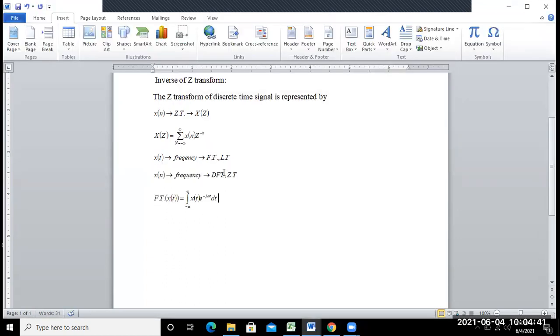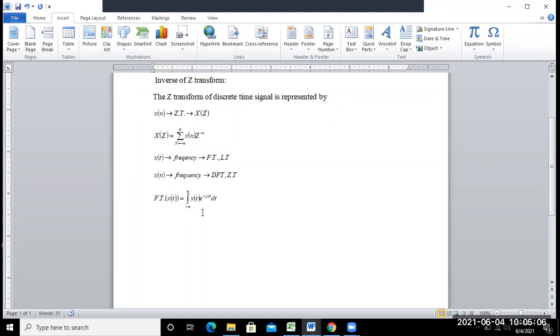How can we find the discrete Fourier transform of x[n]? That means a discrete signal is represented by x[n]. So if you want to find the Fourier transform of a discrete time signal, just replace t by n and integration by summation.